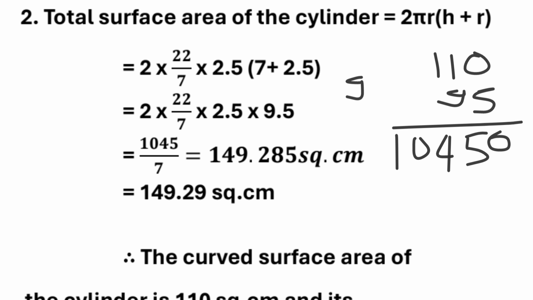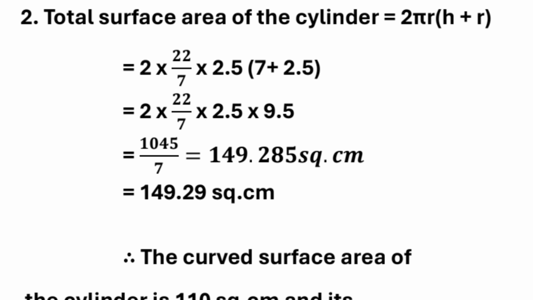Now here how many decimal places? Because I have written the product of this here, there is only one decimal point, so we put the decimal point here. Therefore our answer is 1045.0, all divided by 7, okay.